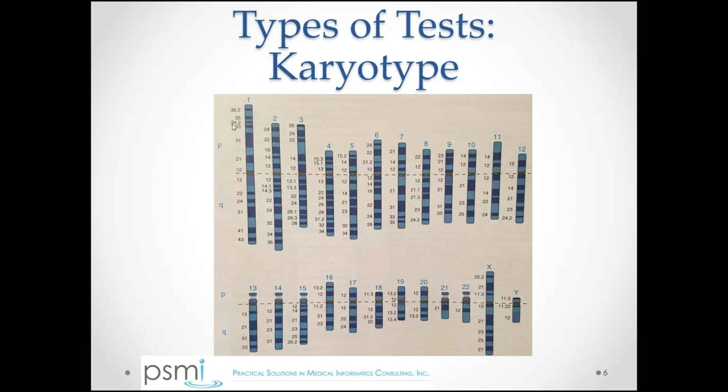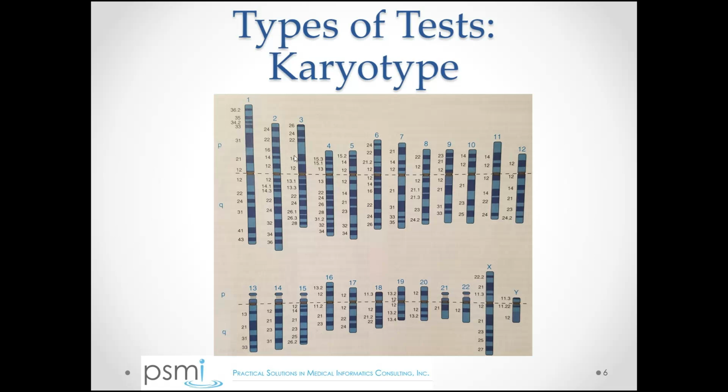The short arm of the chromosome is P for petite, and then the long arm is Q. And so oftentimes, based on karyotype, we saw something on chromosome 1, P31, which would be this band here, or chromosome 7, Q31, which would be here, or chromosome 22, Q22, which would be way down here at the tip.